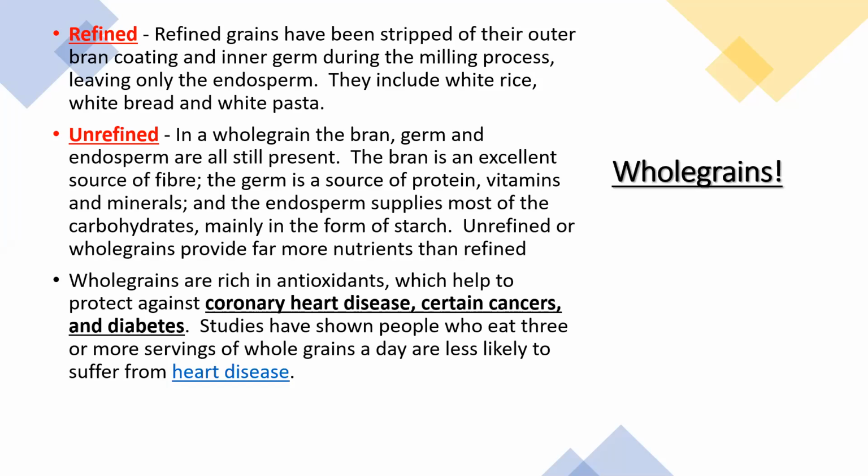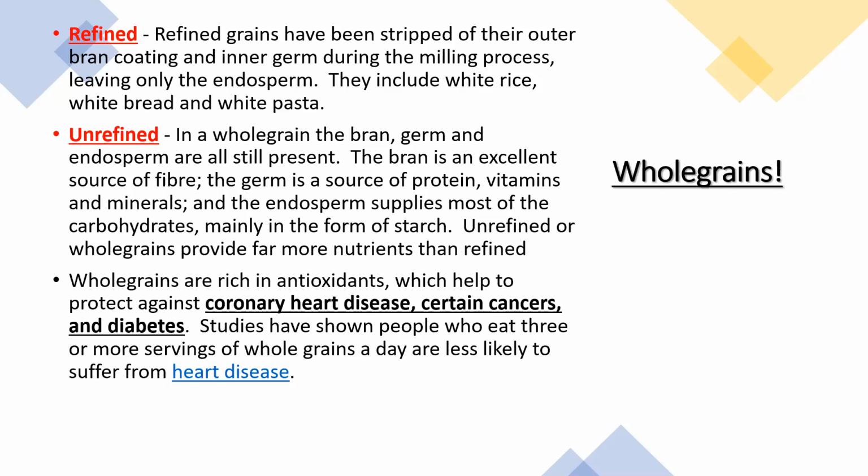The bran is an excellent source of fiber. The germ is an excellent source of protein, vitamins, and minerals. And the endosperm supplies most of the carbohydrates. So that's the starchy.